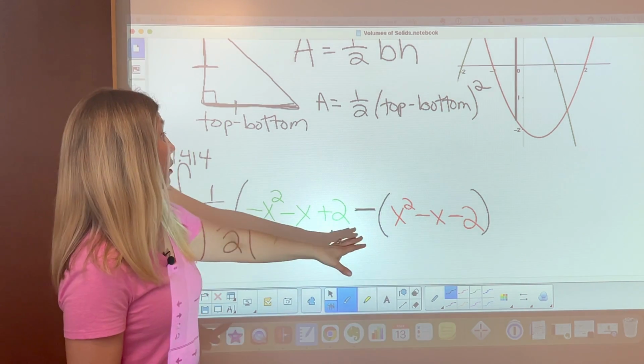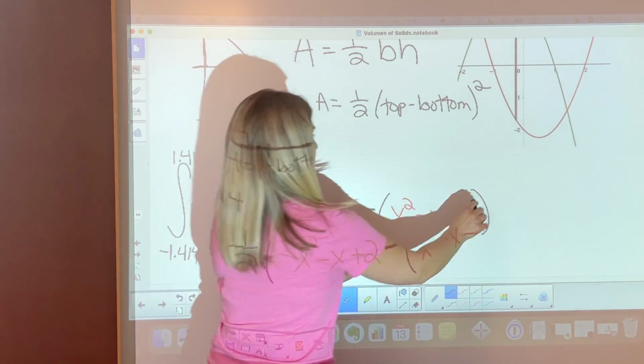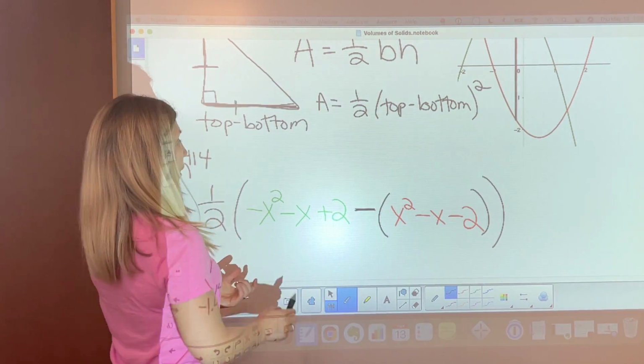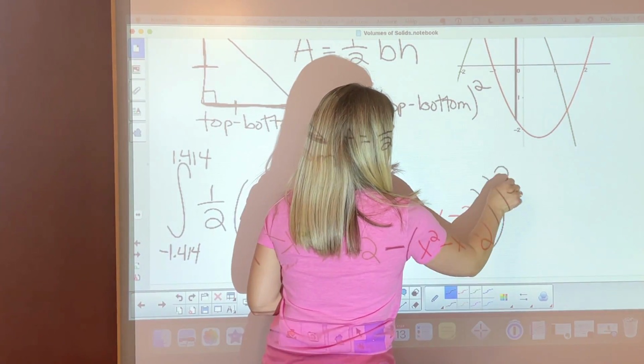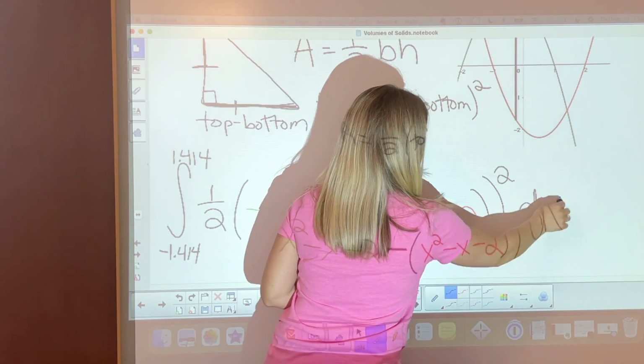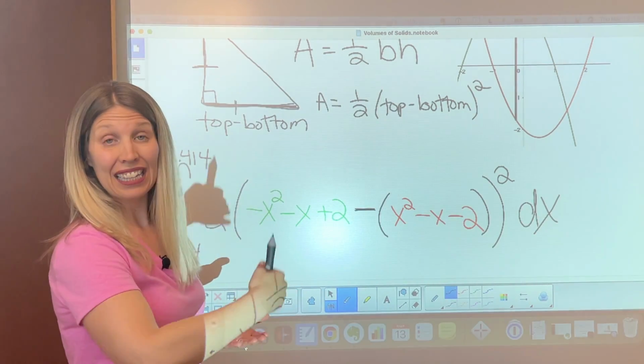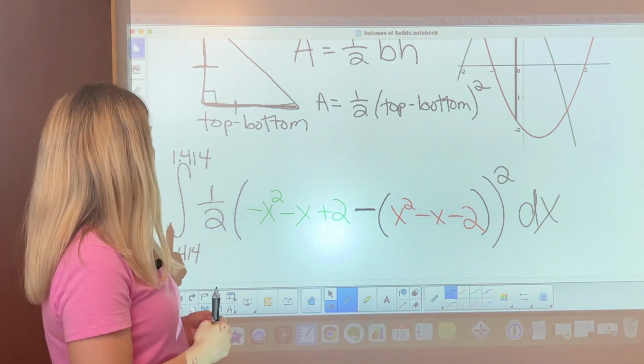And now this is our base. Oh, got to close my other parenthesis. This is our base. And remember, our height is the same, so we're going to square it. And it's a dx problem because we're stacking these triangles along the x-axis.